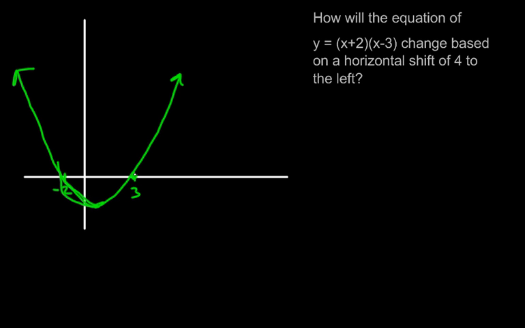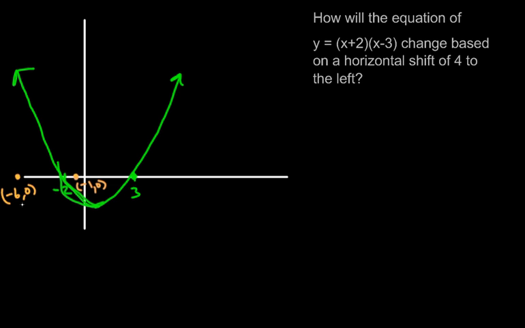All right, so we know there's a point at (3, 0) on the original graph. If I shift it 4 to the left, that would put it at (-1, 0). And then for all of these points, we're shifting 4 to the left. So this point at (-2, 0) would get shifted out here to (-6, 0).